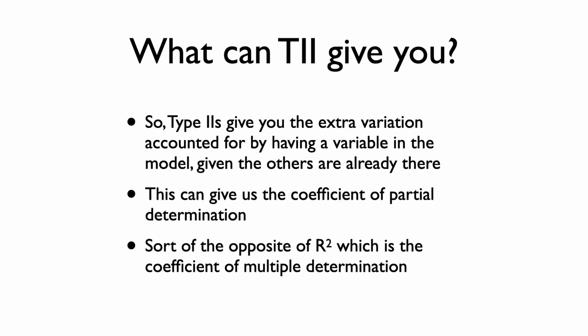Anyway, this is going to give us how much unique variance each variable explains. Very useful quantity. So in fact, would you look at type 2s? No, you get the computer to do that, and it gives you our big adjusted R squareds. It's going to give you R squareds, or partial correlations, partial determination.